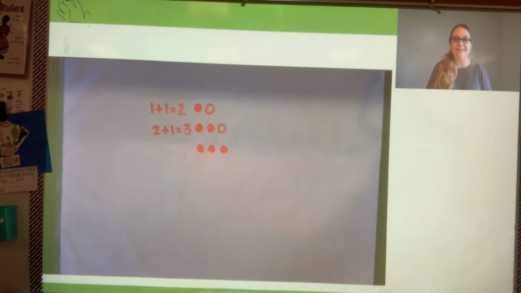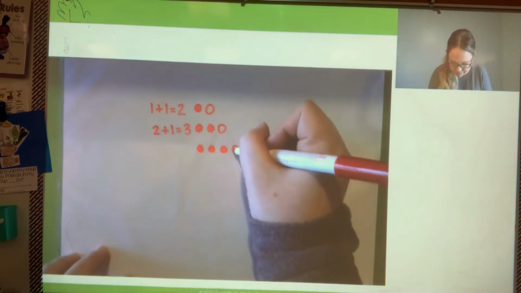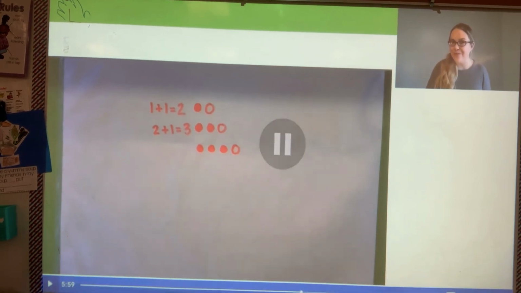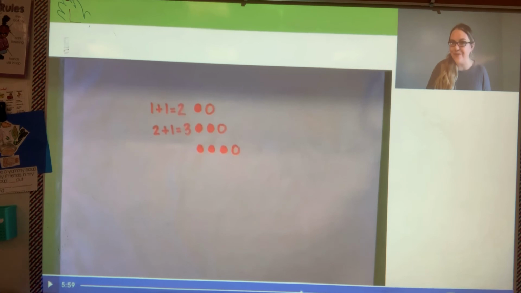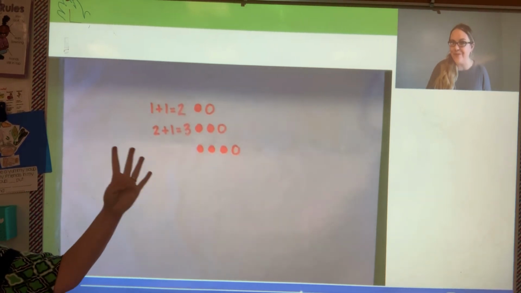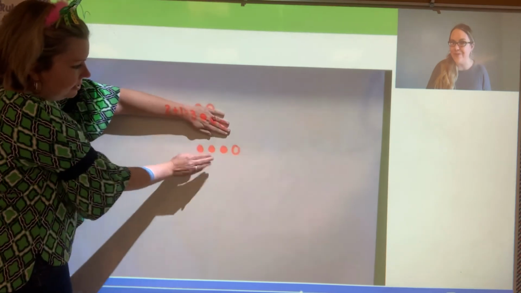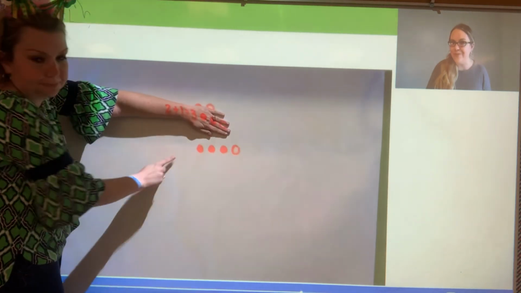Draw 1 empty circle to show that we're adding 1. Now you do your empty circle. How many do we have now? Show with your fingers. 4, because we are only looking at this row.